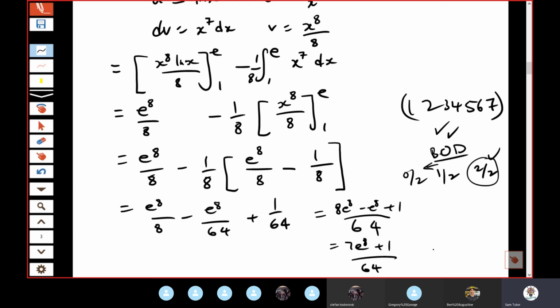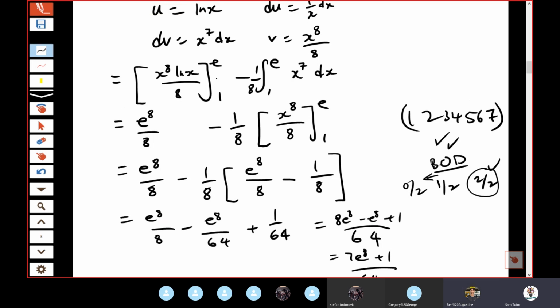But yes, Ben? For the square brackets where you did e at the top and then 1 at the bottom? The first one, yep. You subbed in e, but what happened to the 1?